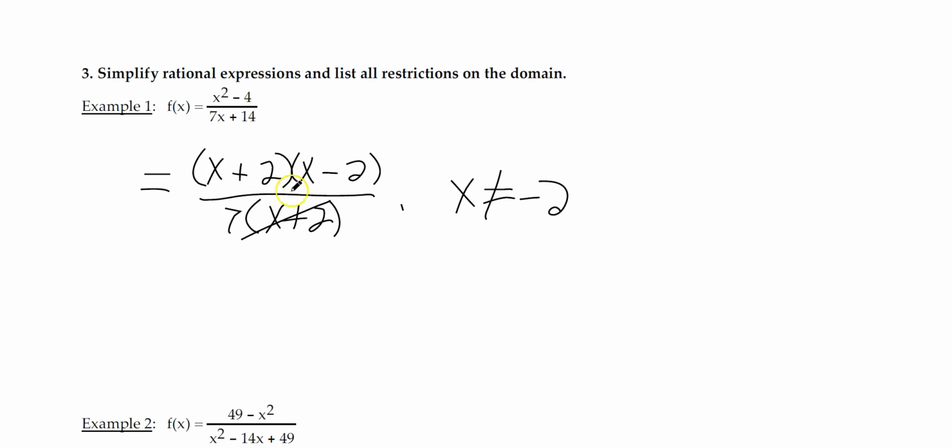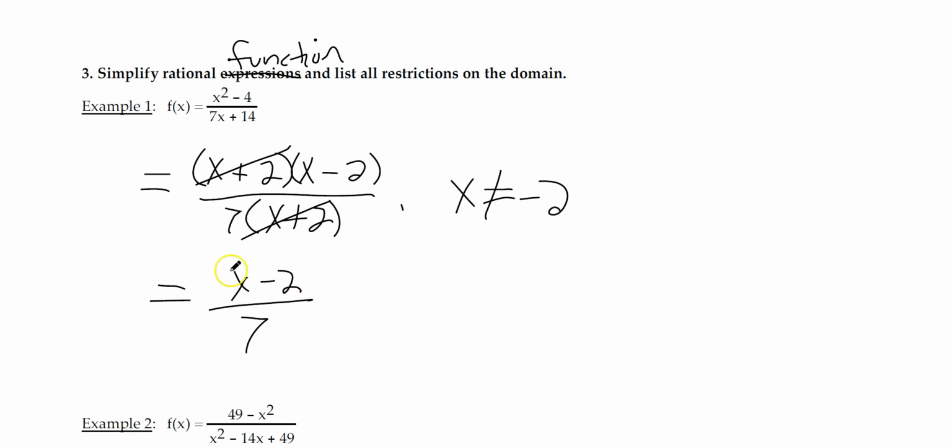Now, we do have a factor of 1, so here we are simplifying the rational expression. Probably would even be better written as a function. And we have x minus 2 over 7.